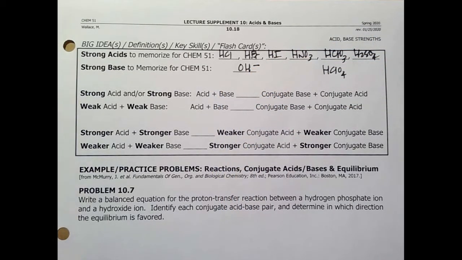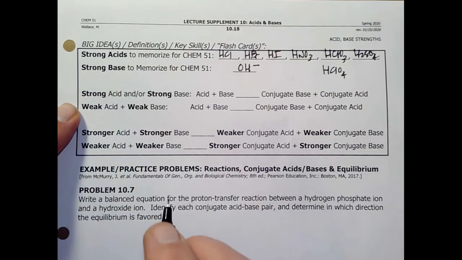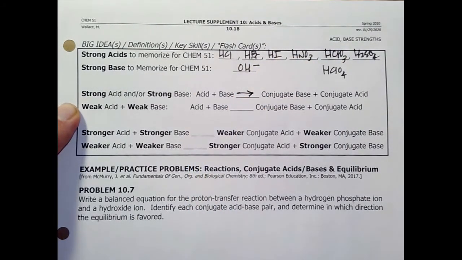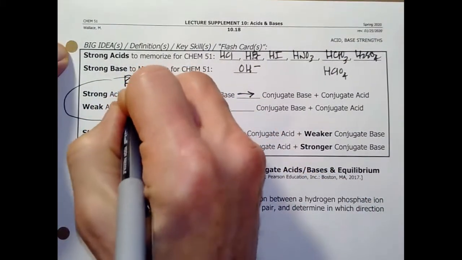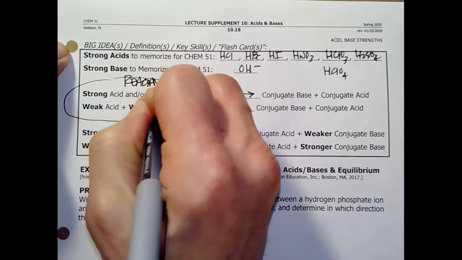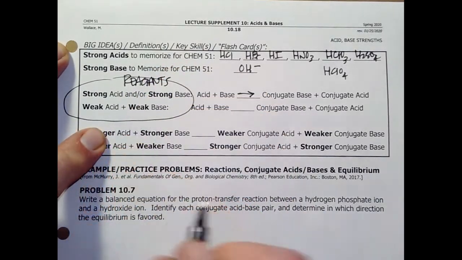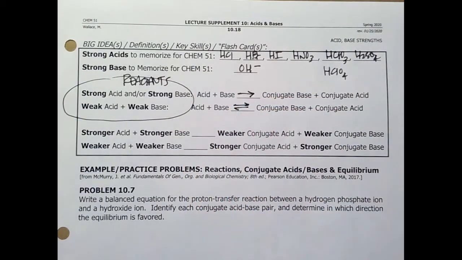Now, there's an implication here. If I have a strong acid or a strong base, there's not really an equilibrium. It just goes all the way. You put in a strong base or a strong acid, and it drives it that way. Now, if on the reactant side I have a weak acid and a weak base, then not much is happening.